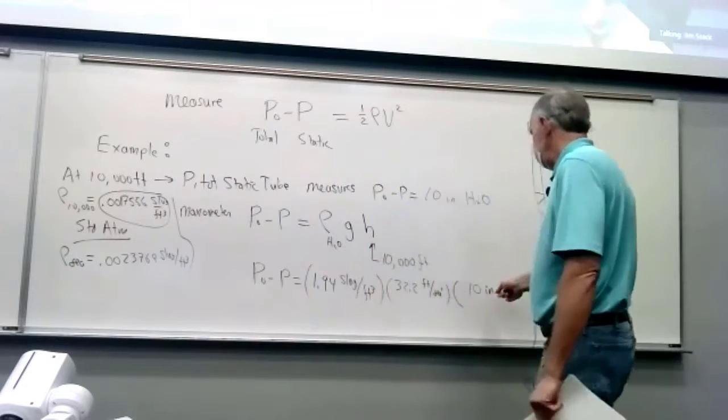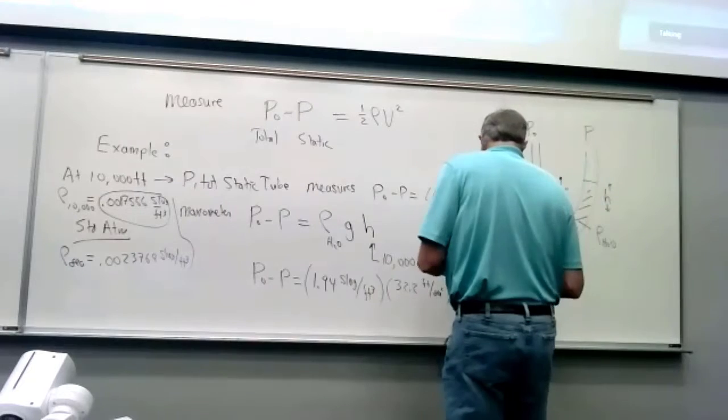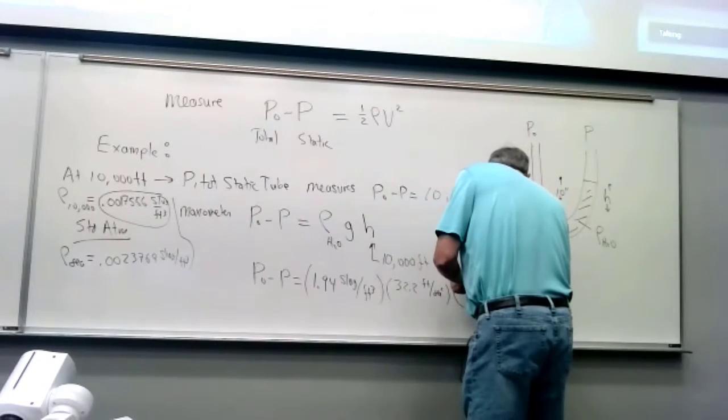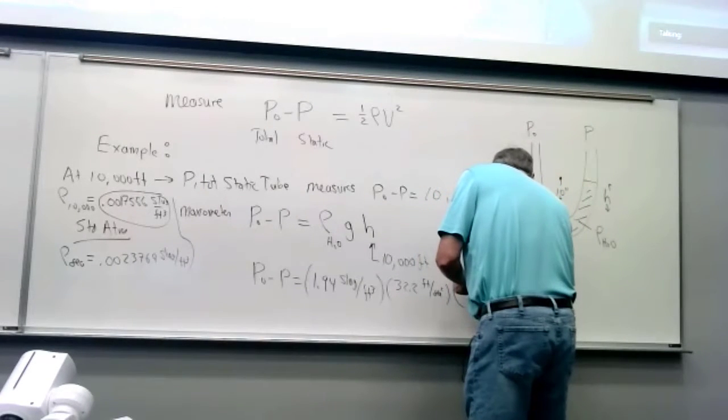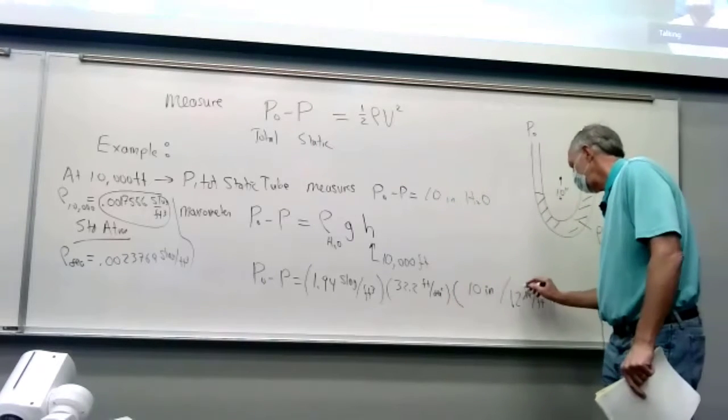But then we notice, oh, inches and feet, that's not going to work. So we have to convert inches to feet. We've got 12 inches per foot. So the inches cancel out.